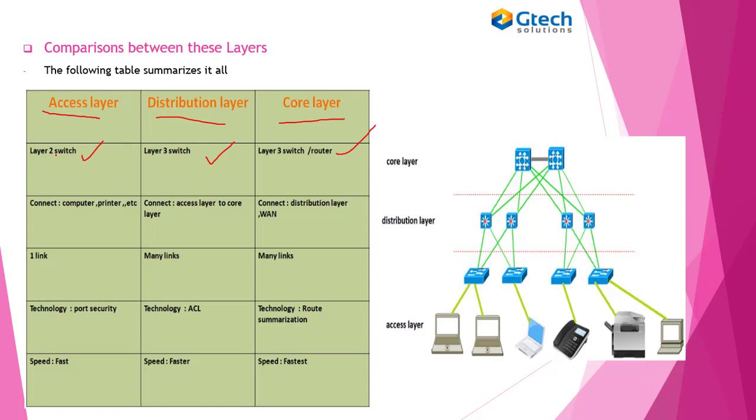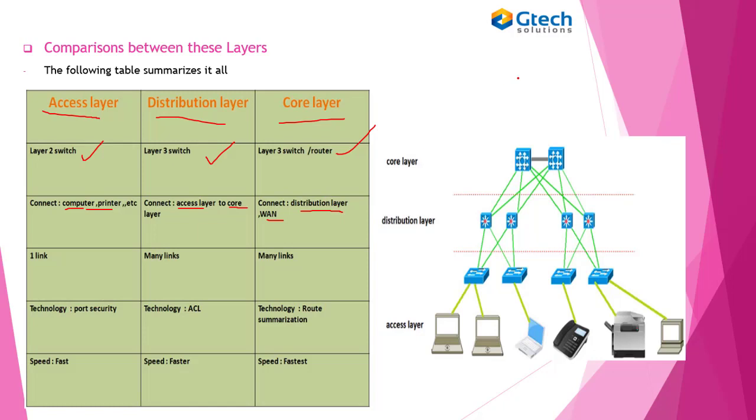So access layer provides connection to computers, printers, end user devices, you can name them. But the distribution layer provides connection between the access layer and the core layer. Then the core layer provides connection of the distribution layer and the wide area network, or between two distribution layers.